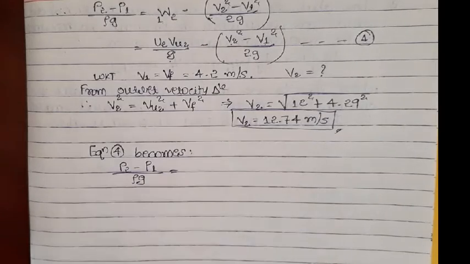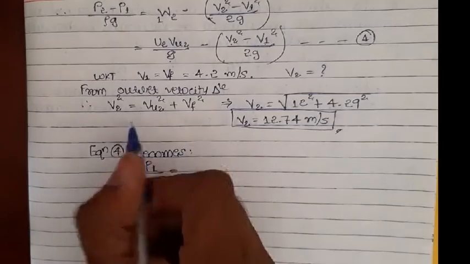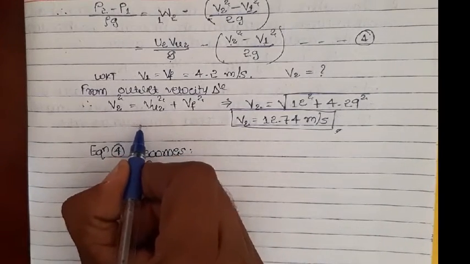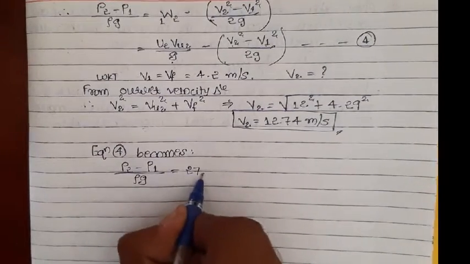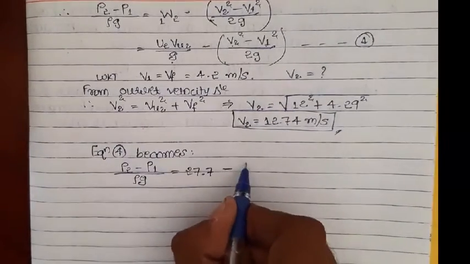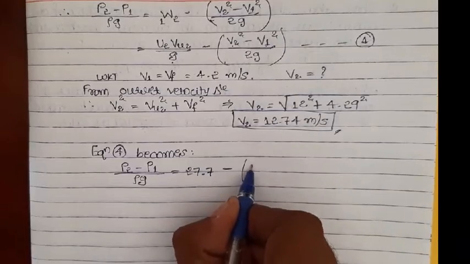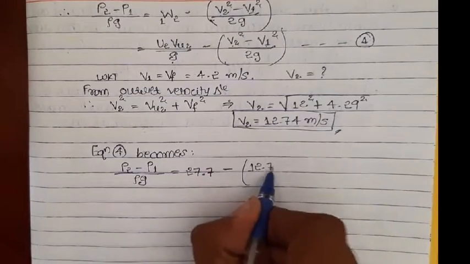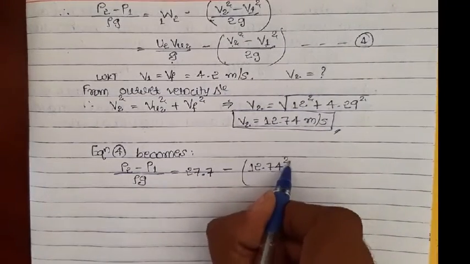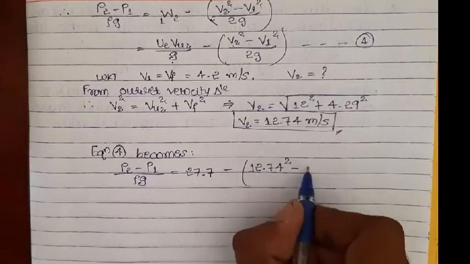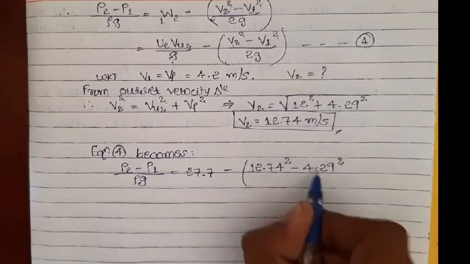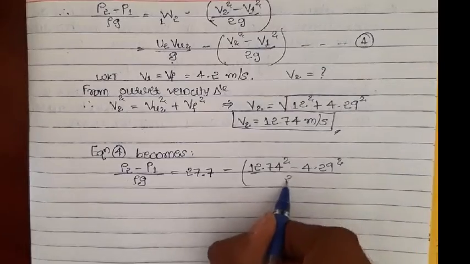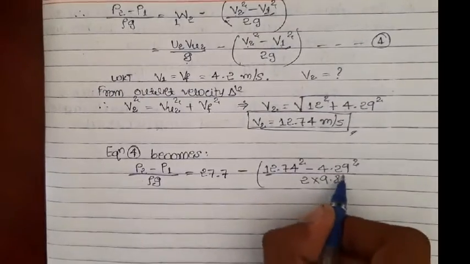So let me substitute, which is 27.7 meter minus whole 12.74 square minus V1, that is Vf, 4.29 square, whole divided by 2 into 9.81.